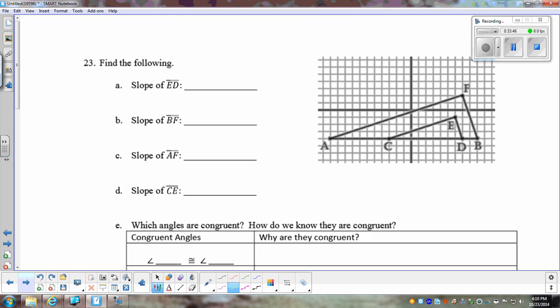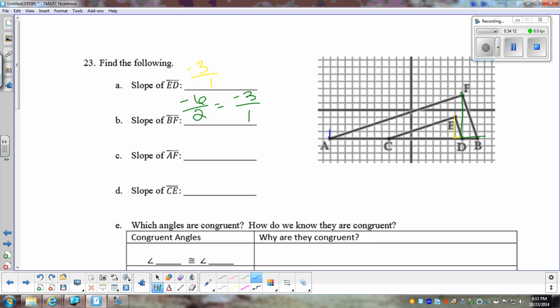23. All right, so this is one of my coordinate plane ones. I need to find each of these pieces. The slope of ED, I have to go down 3 and then over 1. BF, I have to go down 6 over 2, which simplifies to negative 3 over 1.